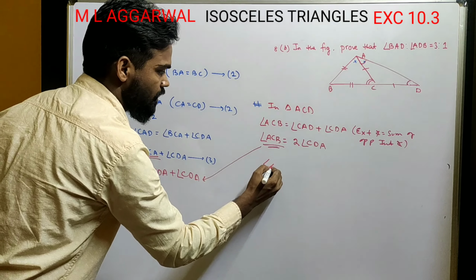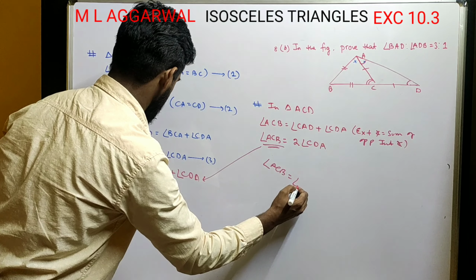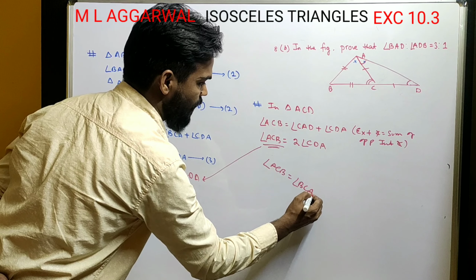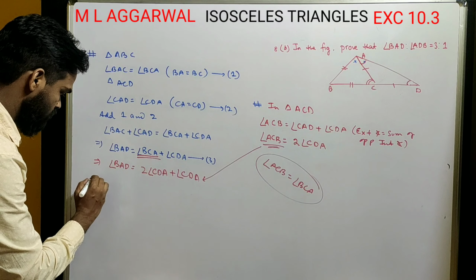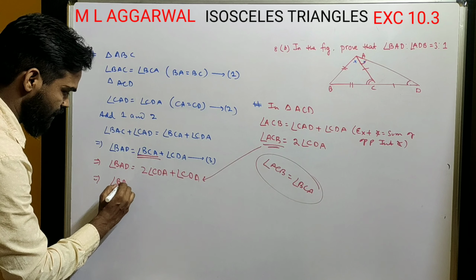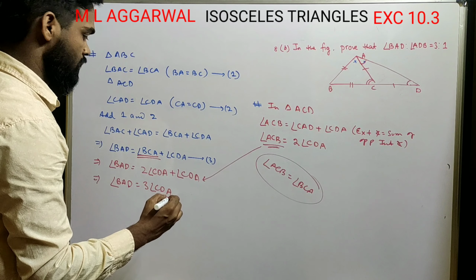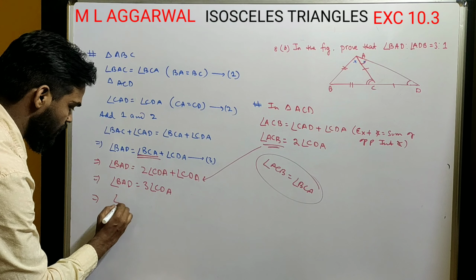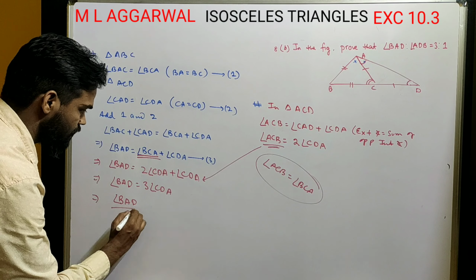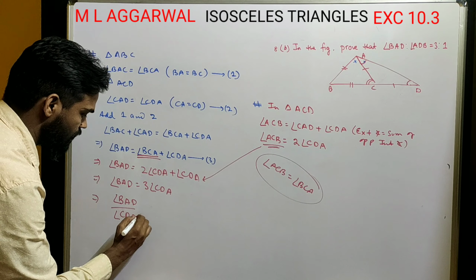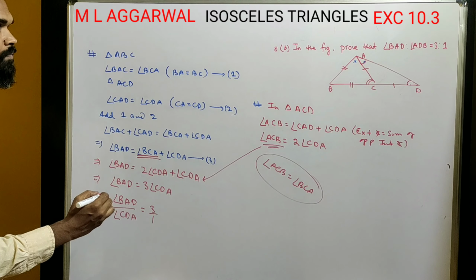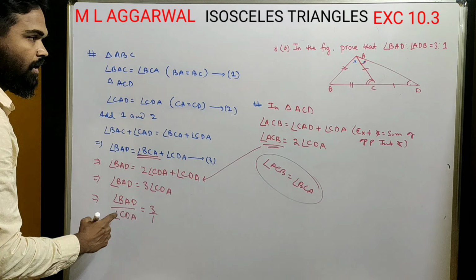Isn't it? ACB and BCA, same angle. Be careful, okay? So this becomes angle BAD is thrice of angle CDA, isn't it? So this becomes angle BAD by angle CDA is 3:1. Am I clear? Now look carefully.